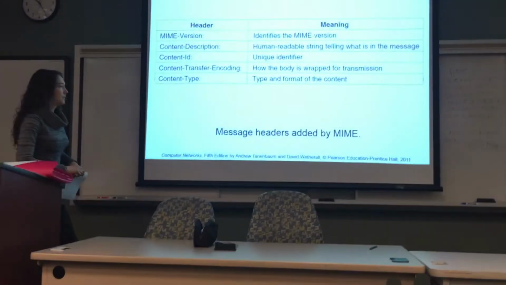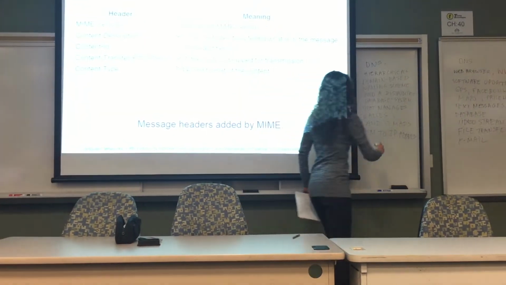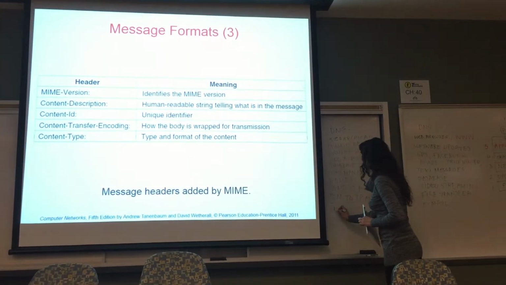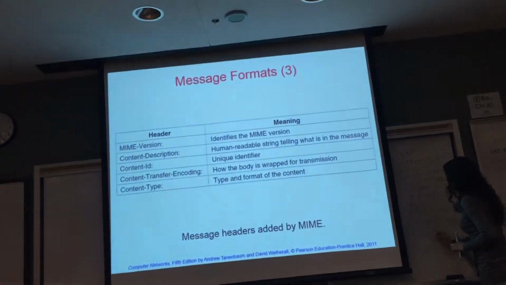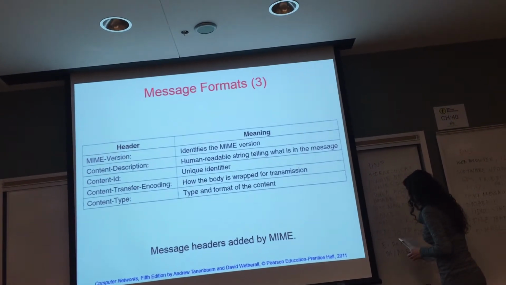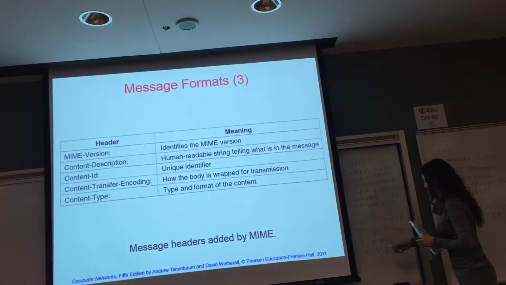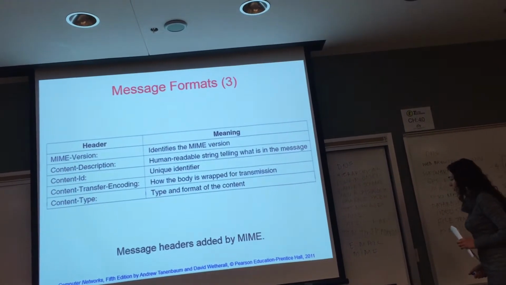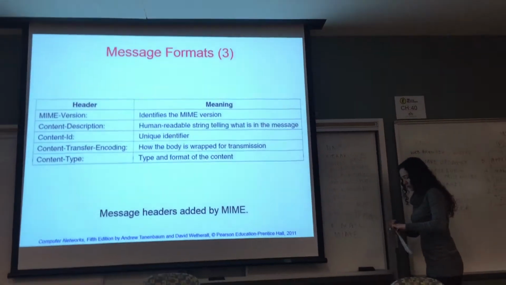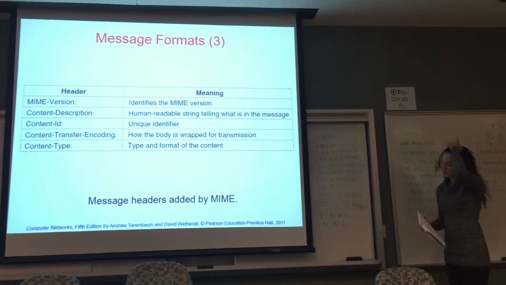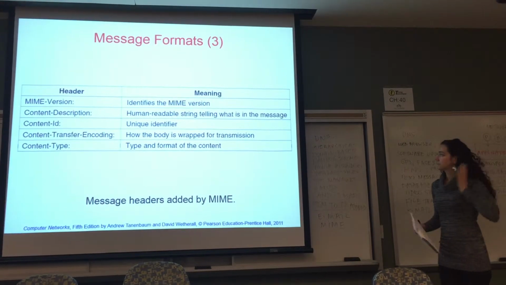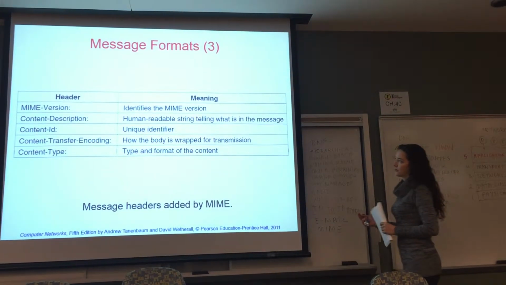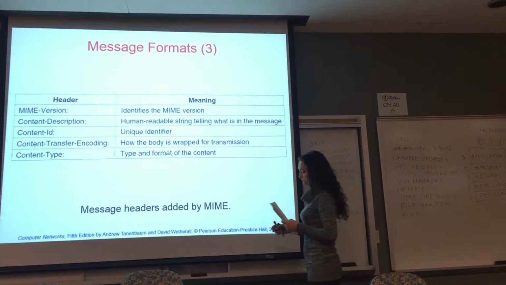That is Multipurpose Internet Mail Extensions, and this allows for non-English characters, such as languages with accents and the Chinese alphabet and things like that, or French or German or some other language, to be used.